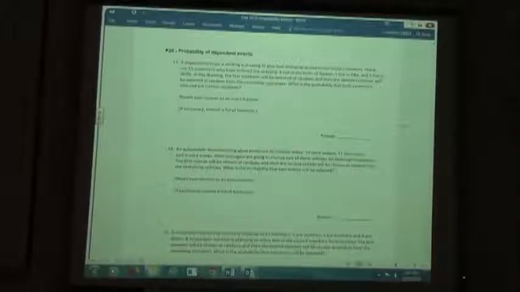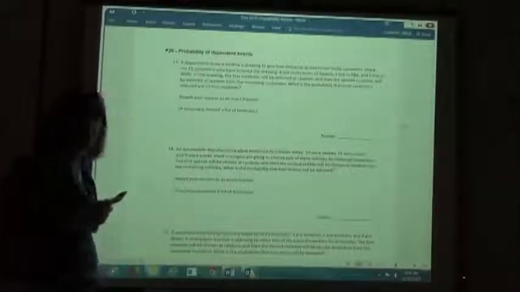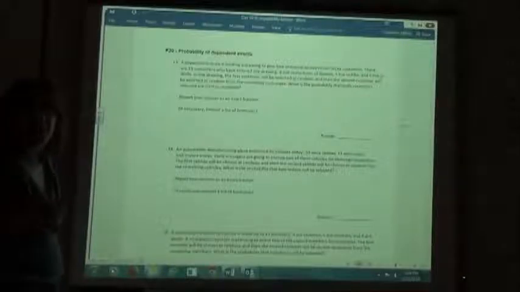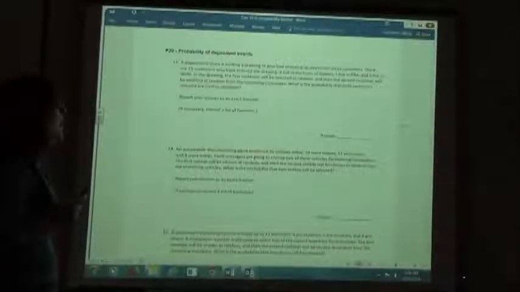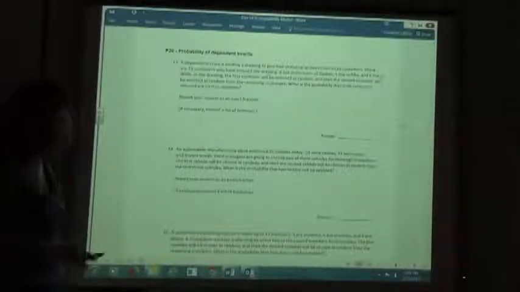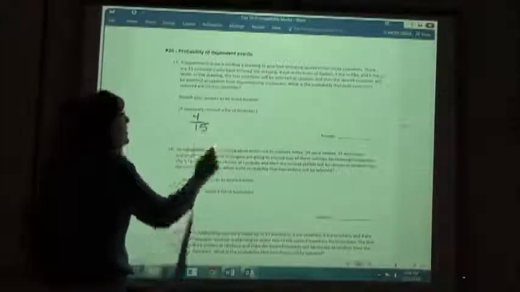So, first of all, my probability of picking somebody from Gaston is how many are from that town? 4 out of 15 customers.